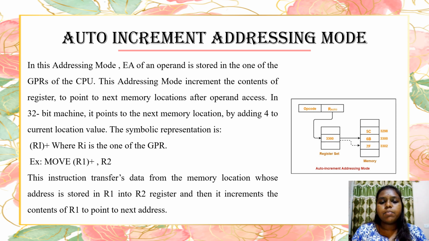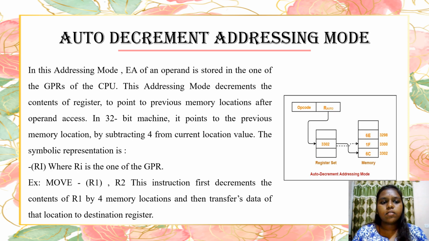The symbolic representation is (Ri)+, where Ri is one of the GPR. Example, move (R1)+, R2. This instruction transfers data from the memory location whose address is stored in R1 into R2 register, and then it increments the contents of R1 to point to next address.